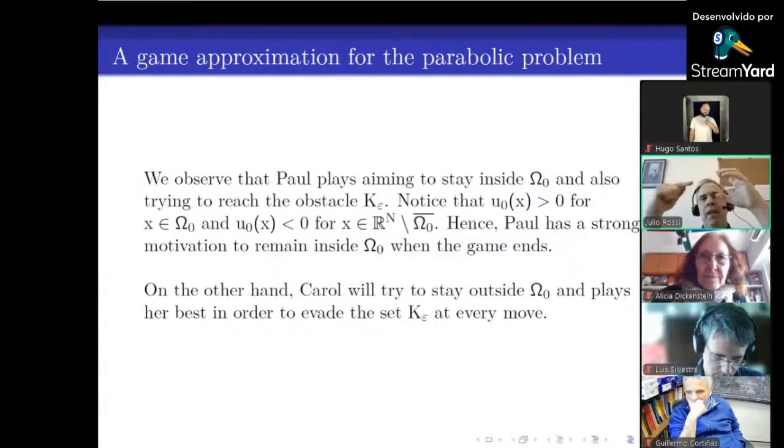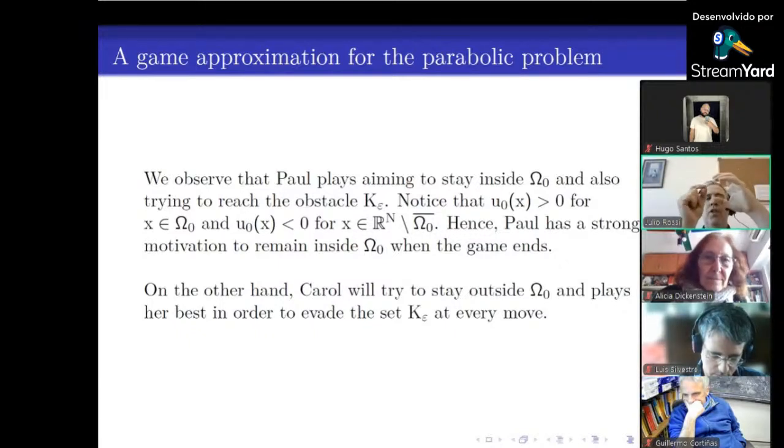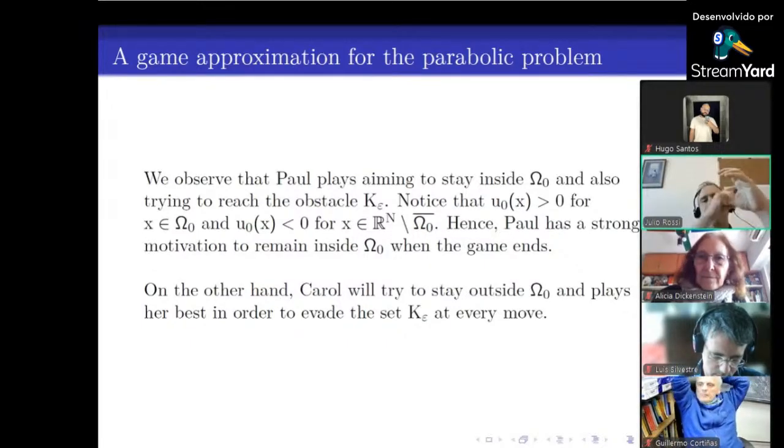So he may choose a vector in the direction of the two balls, and Carol will never be able to exit this line, because whatever sign she chooses, you will stay always inside there, and you cannot jump over the set K and run.